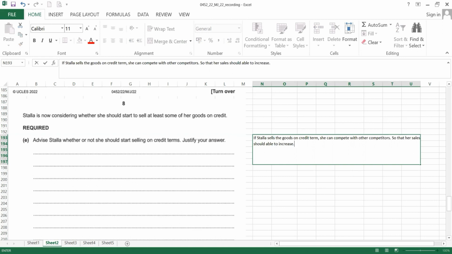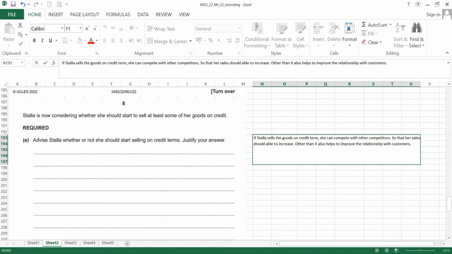So this is one of the benefits. Other than that, it is also helpful to improve the relationship with customers, because you allow people to owe you.